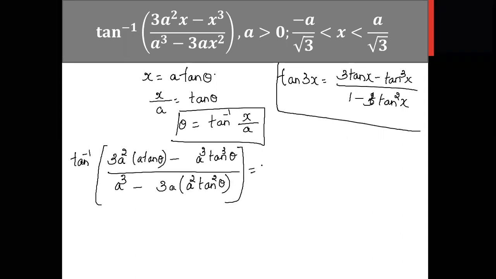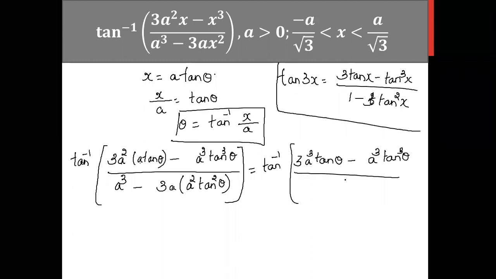So that is tan inverse of 3a square into a, so 3a cube tan theta minus a cube tan cube theta, divided by a cube minus 3a into a square, which is again a cube tan square theta.